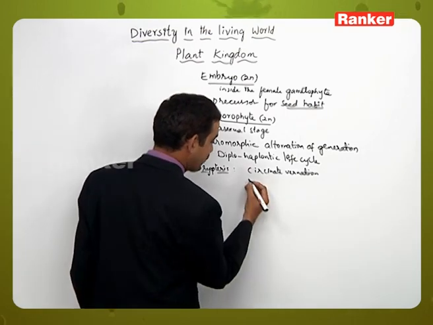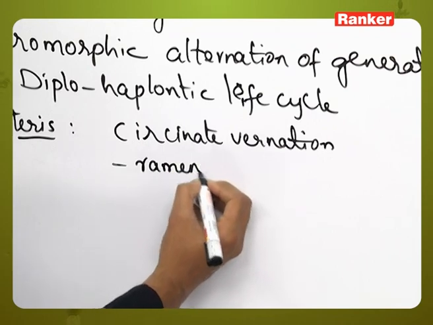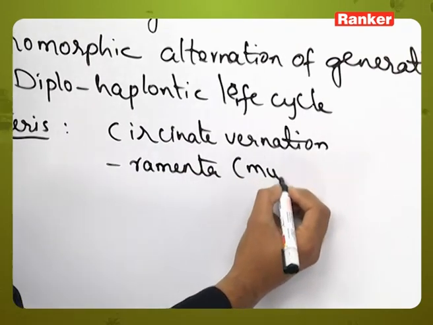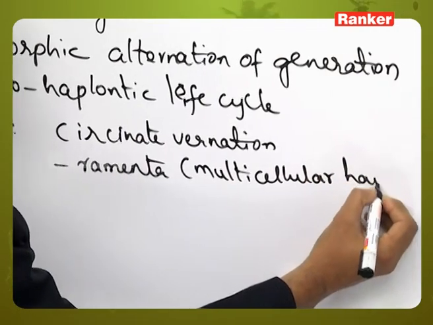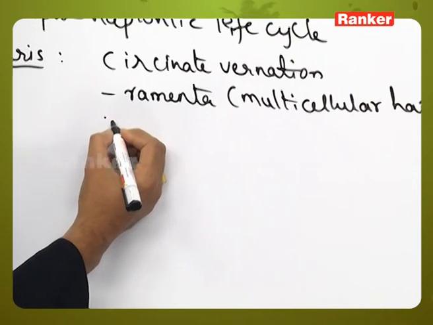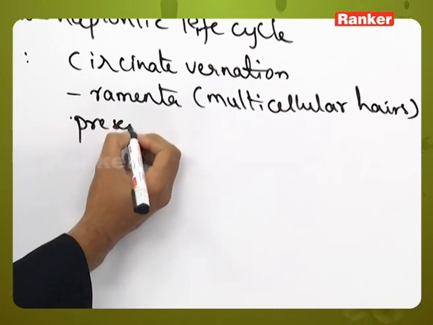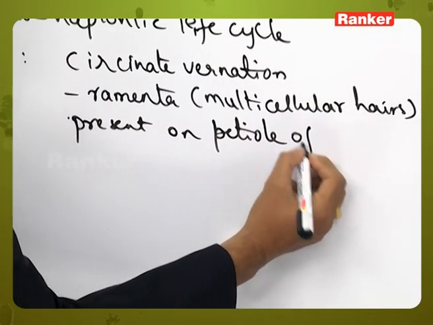Then apart from this one, they also show presence of ramenta. Ramenta are the multicellular hairs, and these ramenta are present on the petiole of the leaf.